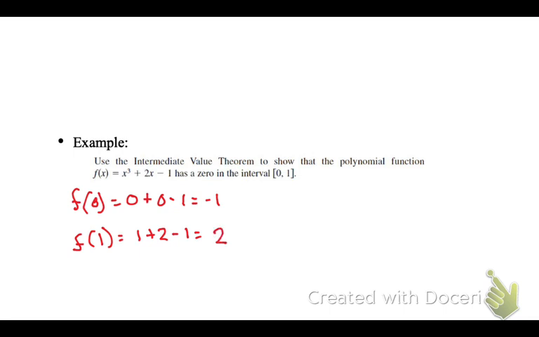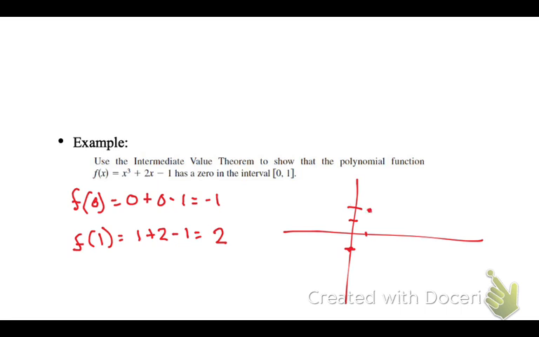Since one is positive and one is negative, does this graph have to cross the x-axis? So this graph at 0 is somewhere down here. Negative 1, actually. Sorry, I was going the wrong direction. And at 1 it is 2.